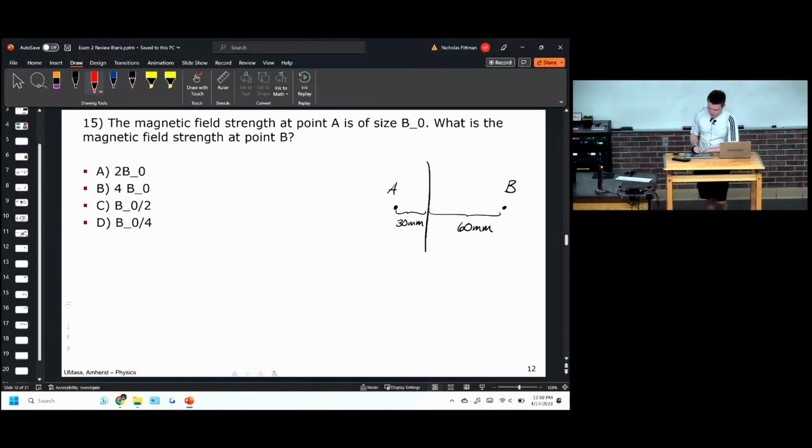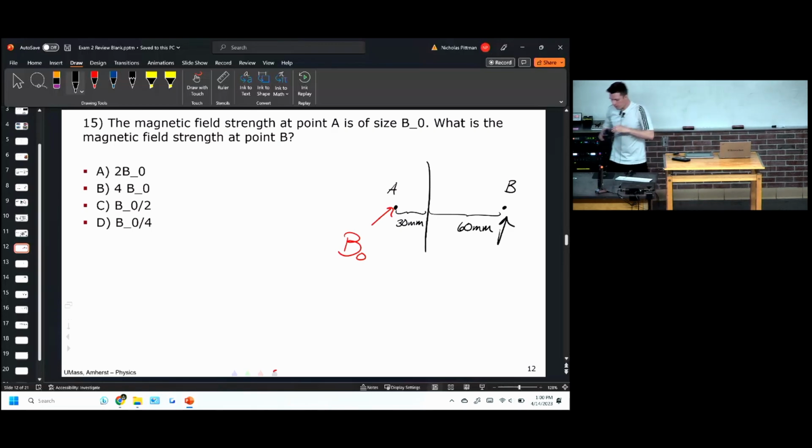So in this case, you're asked about the B field near a wire. And you're told at this point on the left, it has a strength of some constant number, B0. And you're asked, is the B field over here at point B half of that, double that, a quarter of that? The B field near a wire is mu naught I over 2 pi r.